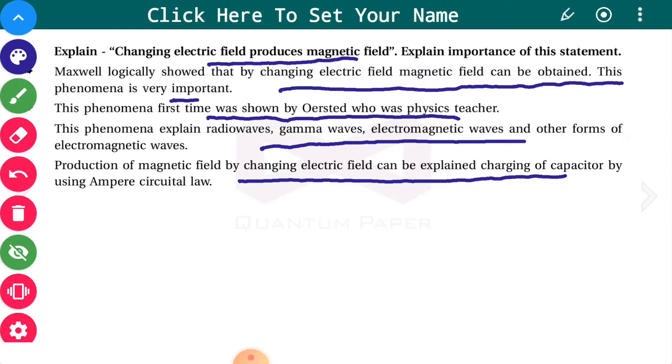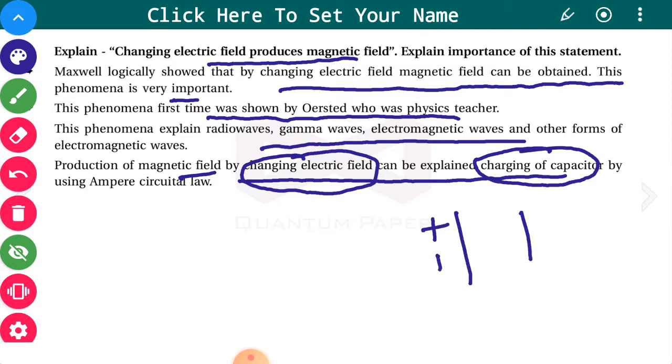Production of magnetic field by changing electric field can be explained by the charging of a capacitor using Ampere circuital law. How to produce a magnetic field? By changing the electric field, and that can be explained by charging the capacitor. Charging of the capacitor is done with the help of the changing electric field, because whenever there is a charging process, the charge is gradually established.